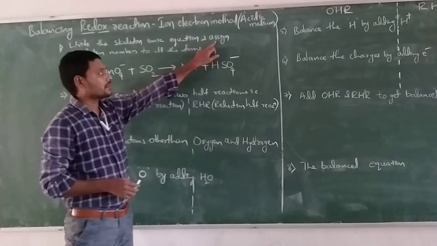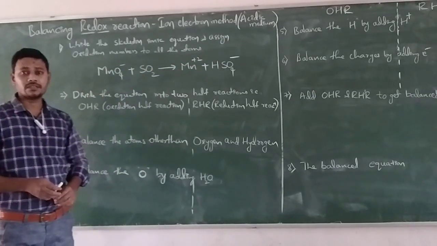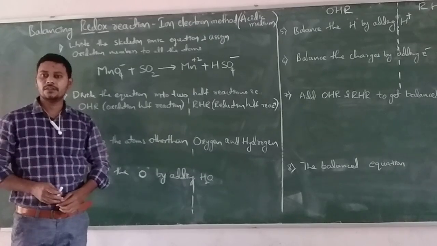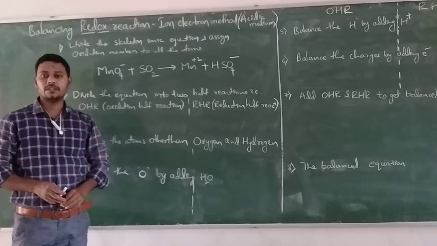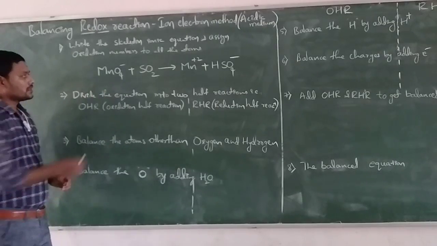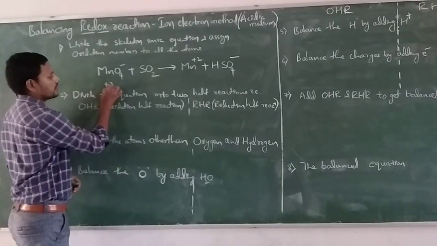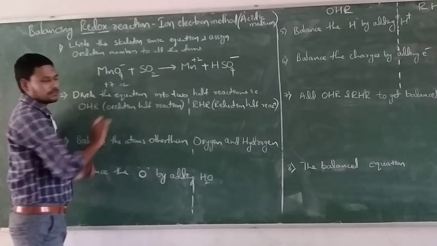Now we are assigning the oxidation numbers to all the atoms. How to calculate the oxidation number? Already I did one video. Please first watch that video, then come to this video. The oxidation number of manganese is plus 7, oxygen always minus 2.